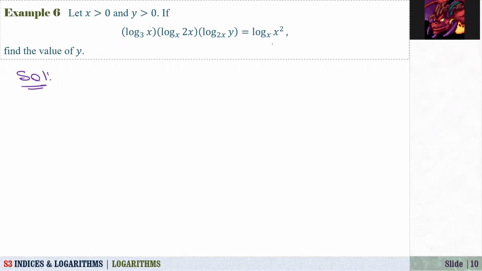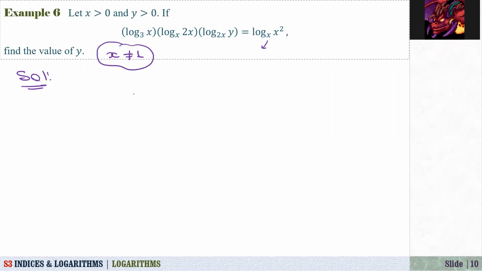And since x is in the base and also in the value of the logarithm, we have one condition here: x is greater than 0, and also x should be different from 1, because it appears in the base.